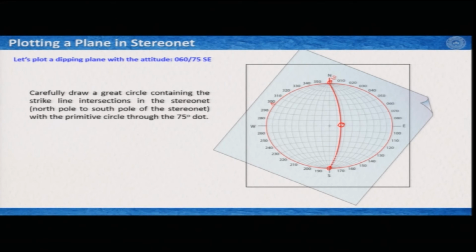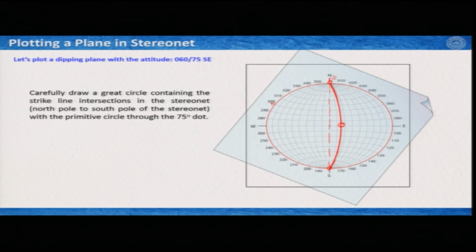Please note, you cannot draw a straight line. If you draw a straight line, then you will indicate that your plane is actually vertical, but this is not, because it is dipping 75 degree towards the southeast direction. So, this is how you carefully draw a great circle containing north pole, south pole and the dip angle 75 degree that you have plotted on the stereo net.